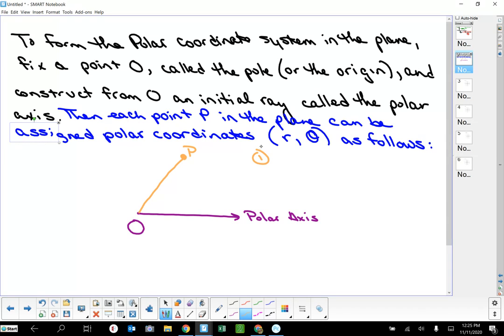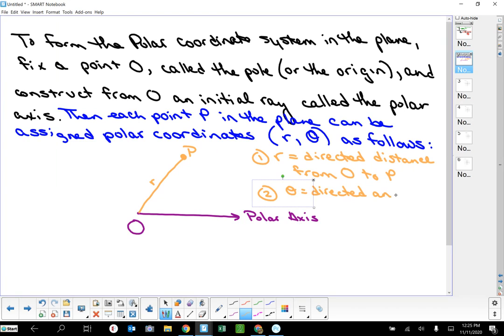First, R is a directed distance from O to P. So this represents R, the directed distance from O to P. And second, you have theta, which is a directed angle, counterclockwise, and it goes from the polar axis to the segment OP.